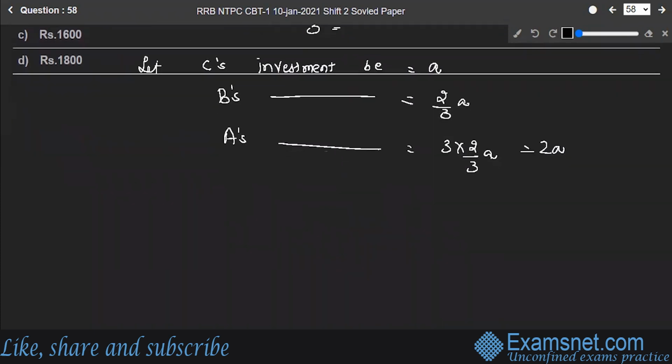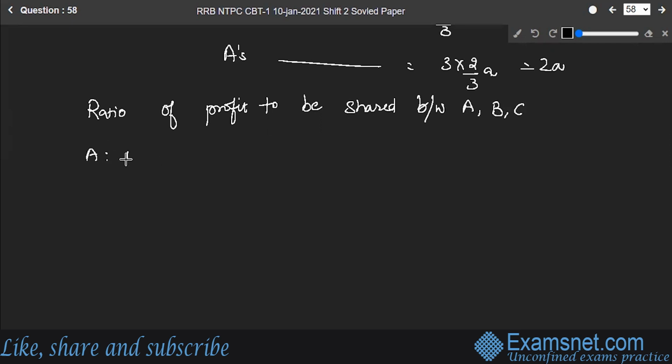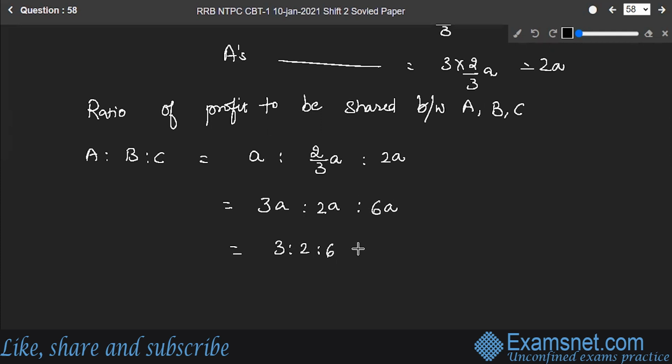Now the ratio of profit to be shared between A, B, C is a, 2 by 3a, 2a. This is equal to 3a, 2a, 6a, or 3, 2 and 6.